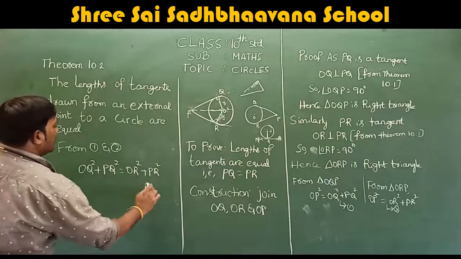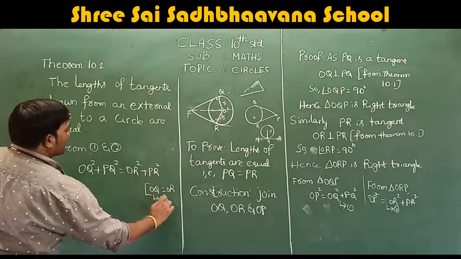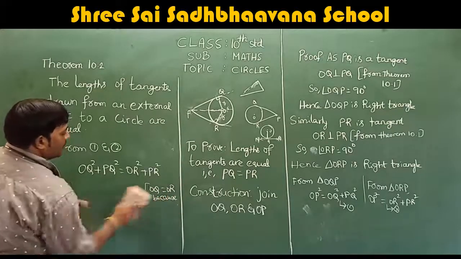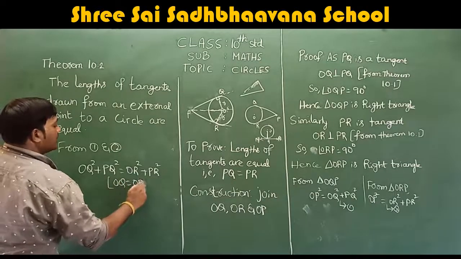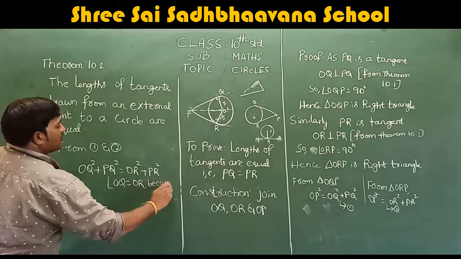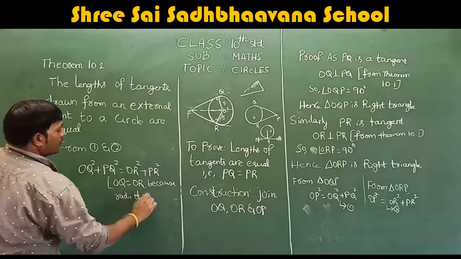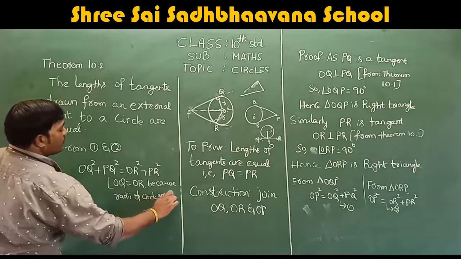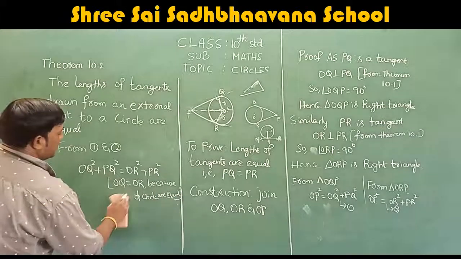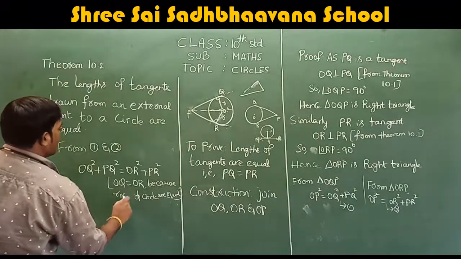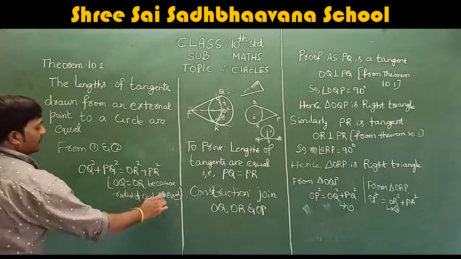So here if you observe, can I write OQ is equal to OR because the radii of a circle are equal. Always the radius of a circle is equal.